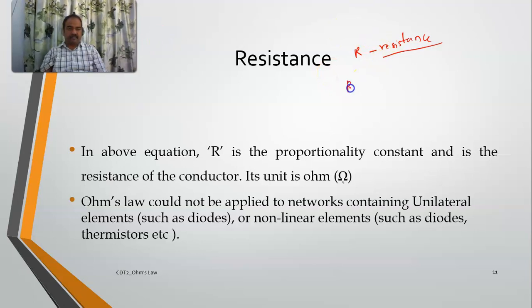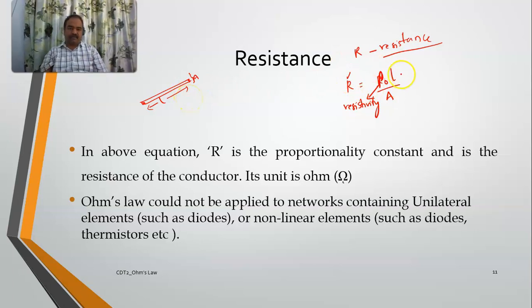So normally R for a conductor, let us suppose if I take a conductor, has the length of the conductor, the area of cross section of the conductor, and this is the material property, which is called the resistivity. So resistance depends upon the nature of the material.